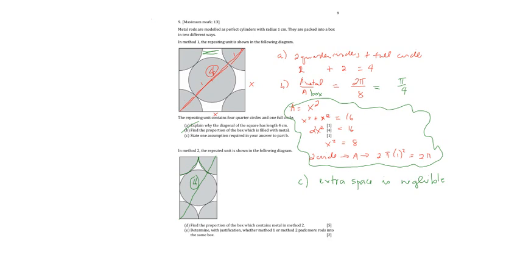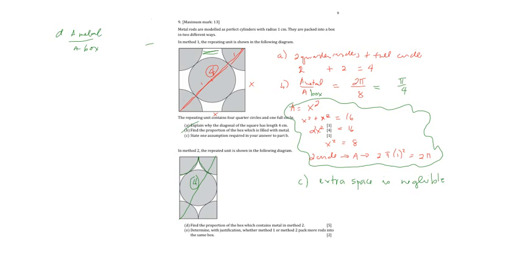Find the proportion of the box which contains metal in method 2. So for letter D again, we're getting the proportion of the box, the area of the metal over the area of the box. There will be a change in area because there is a compression.